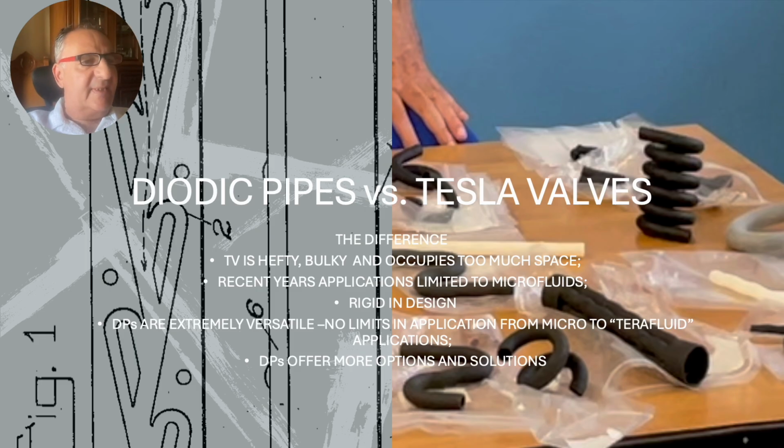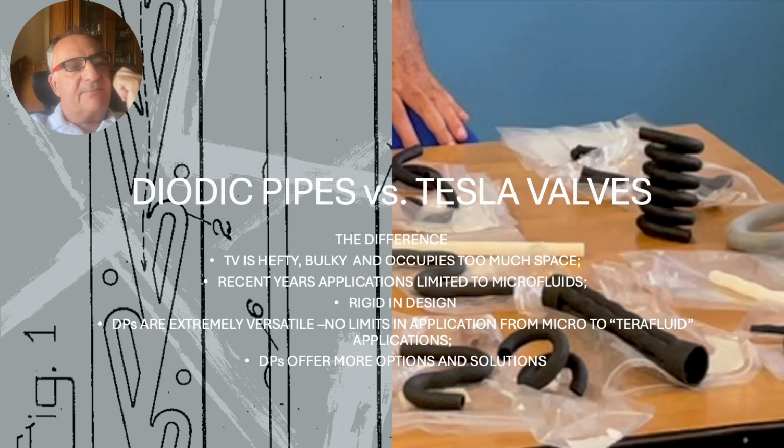And this has limited its application. In fact, in recent years, applications have been limited to microfluids. Another factor is that it is rigid in its design. This means that in order to have different values of diodicity, there's not much to do other than arrange them in parallel, arrange them in series.